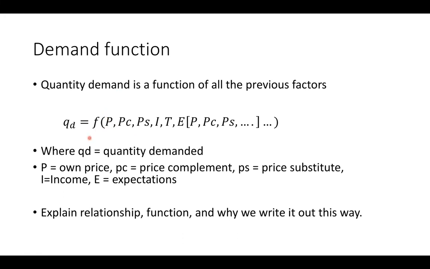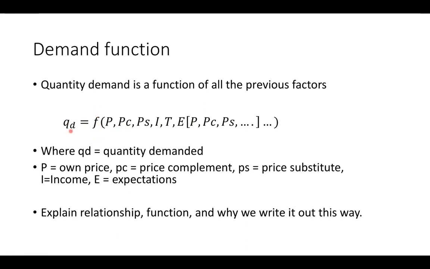So that is what this F is. There's some relationship between all these factors and my quantity being demanded. What this says from left to right is quantity demanded equals some function. I don't have to explicitly say what the relationship is between quantity demanded and these factors. I don't have to know every relationship to know that there is some relationship that exists between these factors and the quantity demanded.